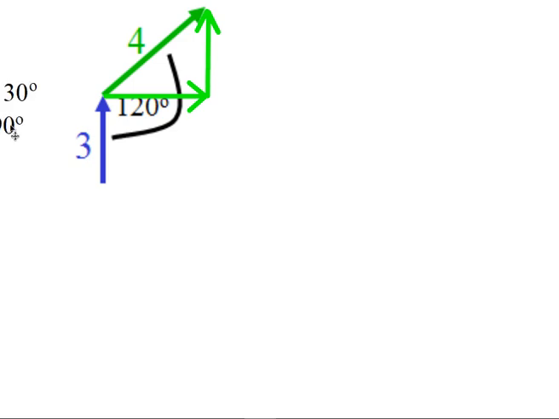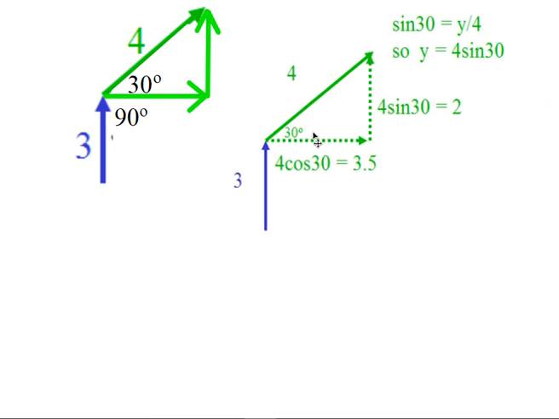And if this angle here is 120, and this now has become a right angle, then that angle there is 30.